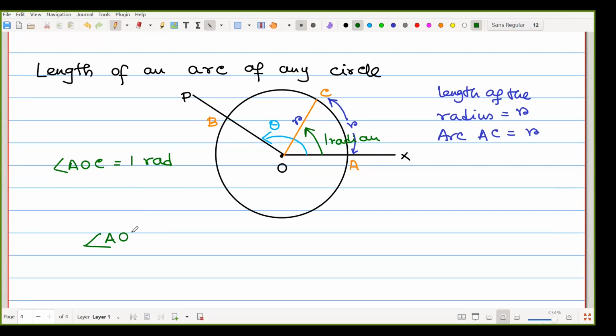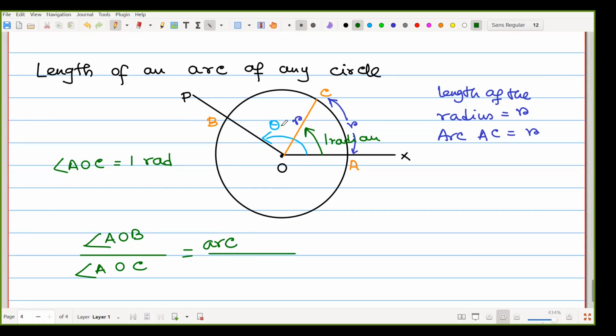Angle AOB divided by angle AOC, that means the radian portion. And already we know that is the same ratio following with the arc.